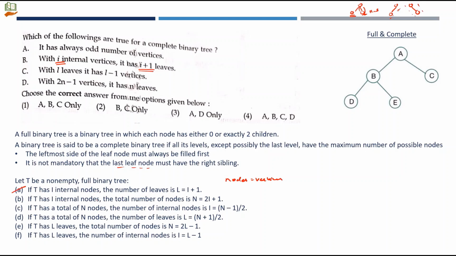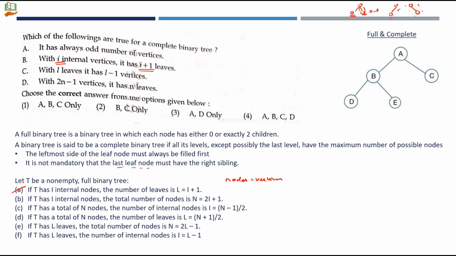If T has I internal nodes, then the total number of nodes N is equal to 2I plus 1. That particular statement is not asked here. If T has a total of N nodes, the number of internal nodes is equal to (N minus 1) by 2. This is also not asked here. If T has a total of N nodes, the number of leaves is equal to (N plus 1) by 2. This is also not in the statement.